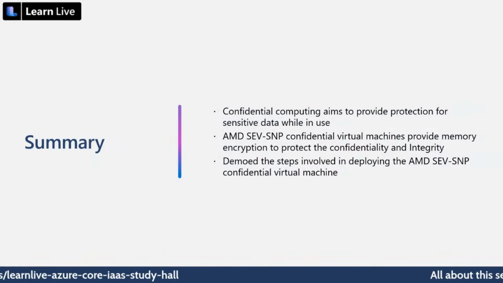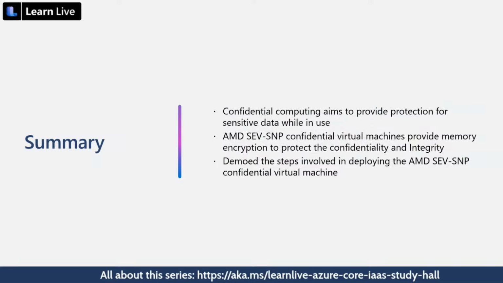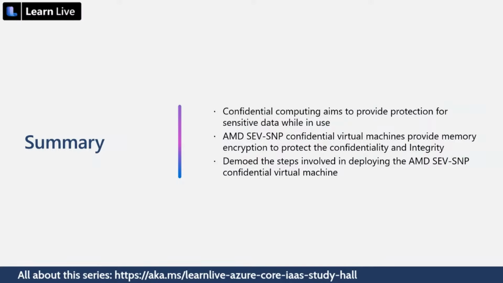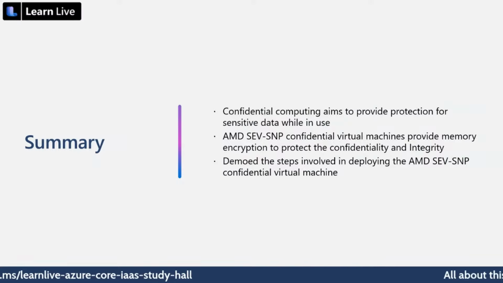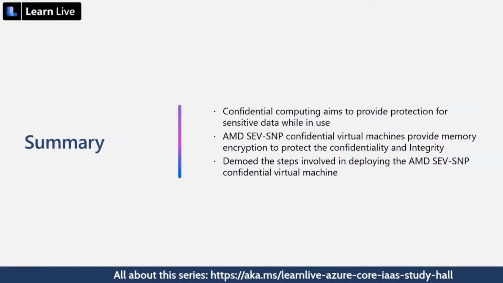I'd like to summarize what we have covered today. We understood the importance of confidential computing and why we need it over and above what Azure offers to protect our sensitive data while it is in use. We understood in good detail about the AMD SEV-SNP confidential virtual machines and how the different parts of that hardware enable us to protect our workloads.